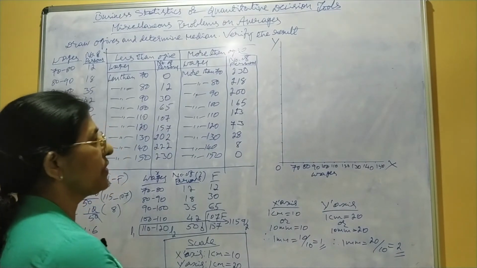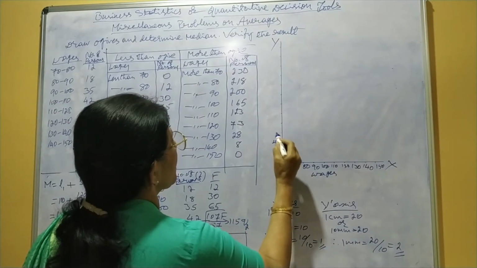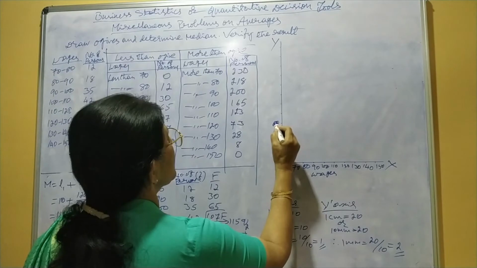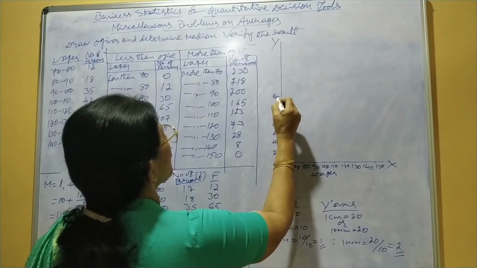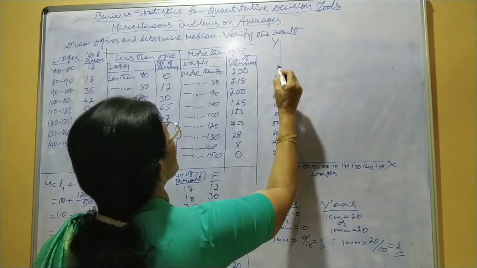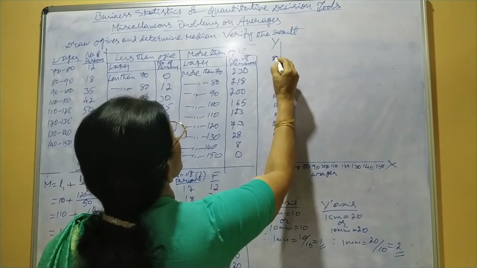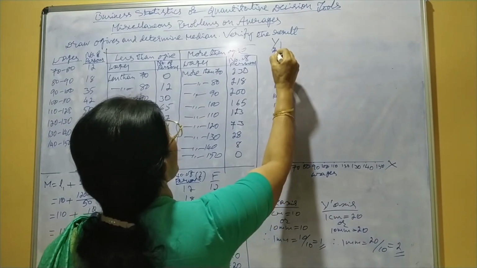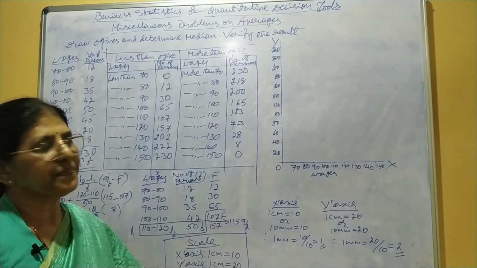The scale we have taken is 20. Therefore, start from 20, 40, 60, 80, 100, 120, 140, 160, 180, 200, 220, 240. Highest is 230, therefore that covers.